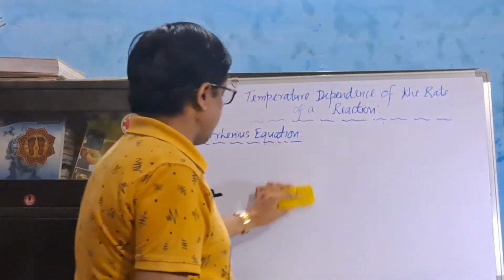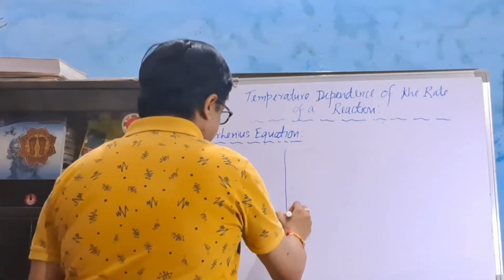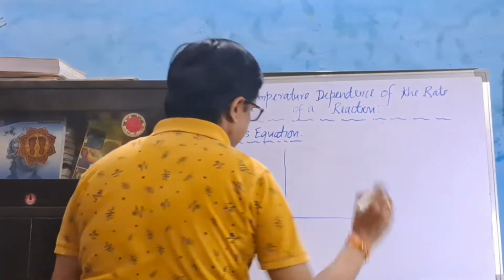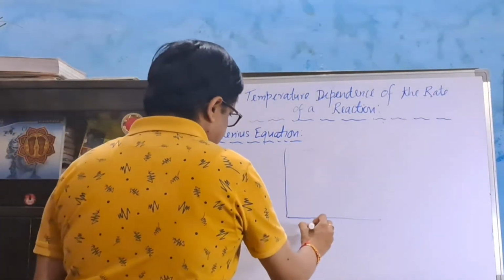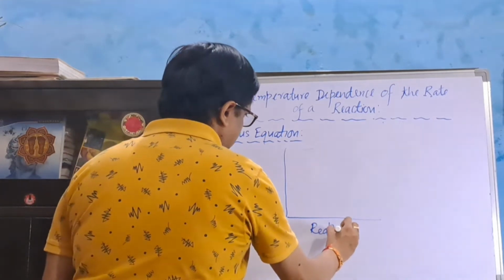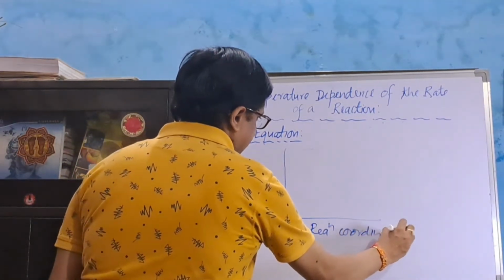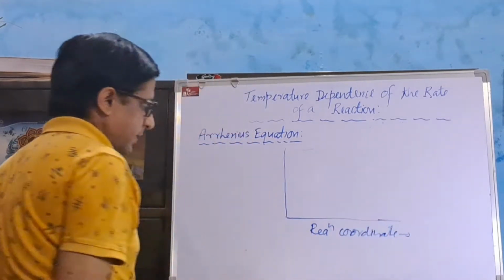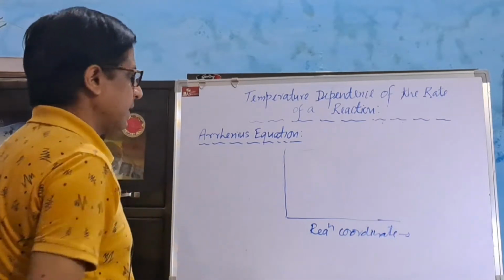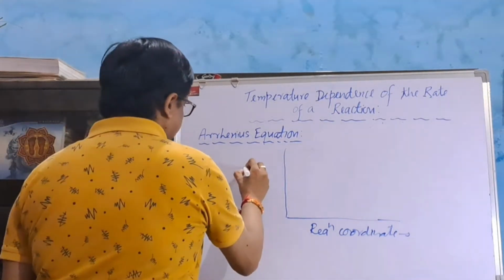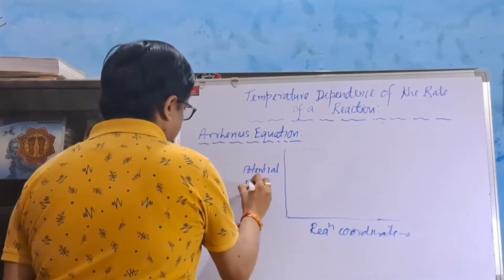Now we can explain the formation of hydrogen iodide by graphical representation in the form of potential energy diagram. This is the potential energy diagram for the formation of hydrogen iodide. At x-axis we have reaction coordinates, and at y-axis we have potential energy.